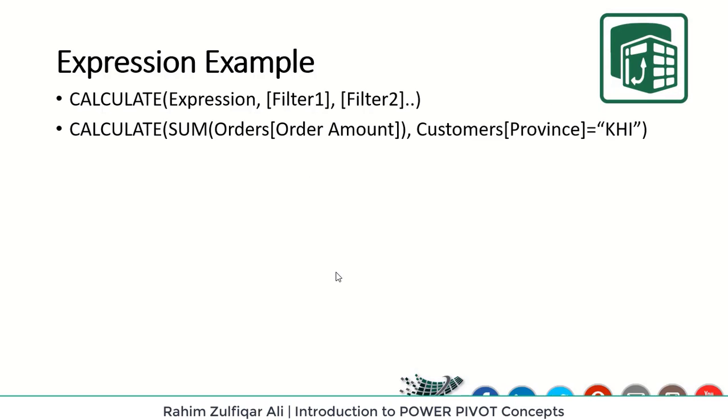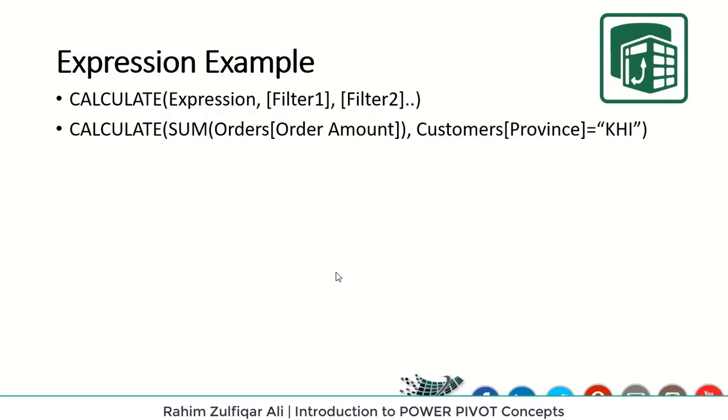So, for the expression examples, for example, we are using a DAX function called CALCULATE. You can understand CALCULATE as similar to COUNTIFS and SUMIFS in Microsoft Excel. It works like that, but CALCULATE is more powerful.